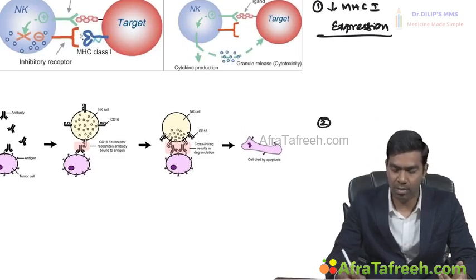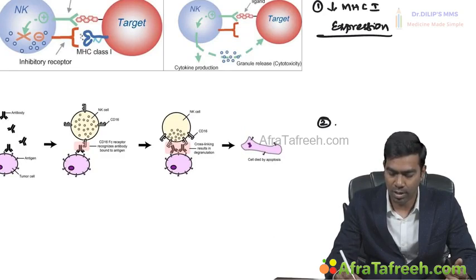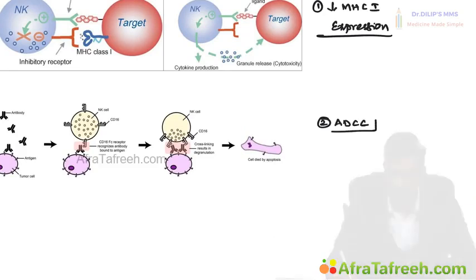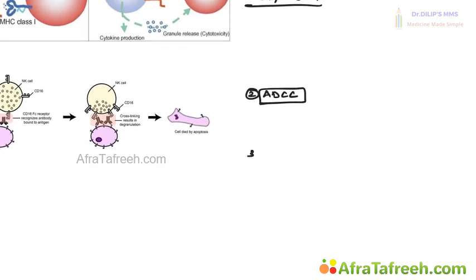The second mechanism is called ADCC, antibody dependent cell mediated cytotoxicity. And they also mediate one more mechanism, that is cytokine production. They also produce certain cytokines, and by cytokine production also they can exhibit their killing.